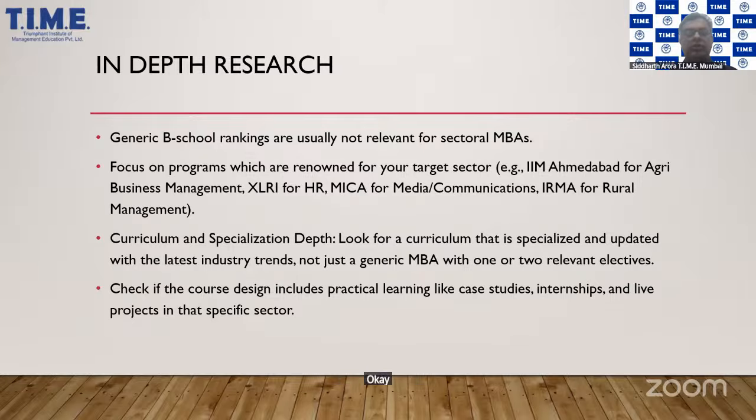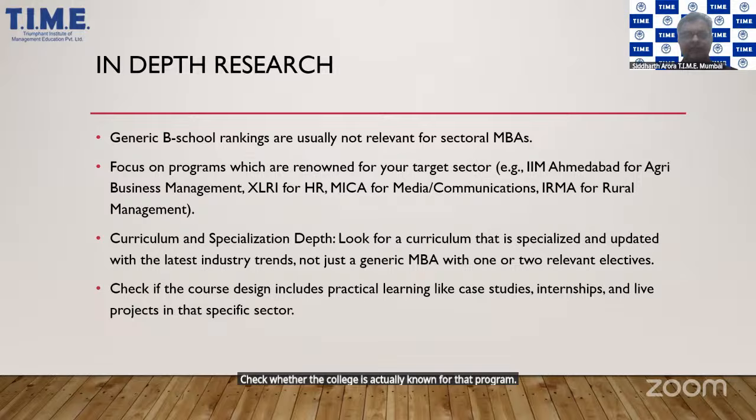Okay. Now, do research about colleges. First of all, the B school rankings are generic. They are for the college, not for the sector. But also check whether the college is actually known for that program.